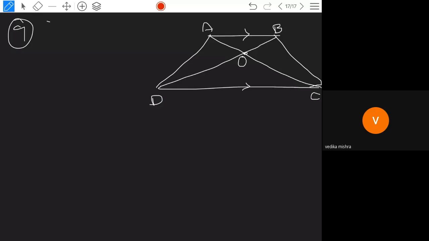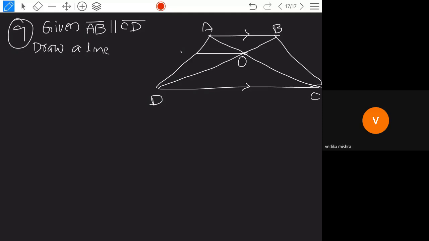Okay, let me explain very clearly. Given AB is parallel to CD, we have to draw a line. Let us name the point M. Did you get my point here?